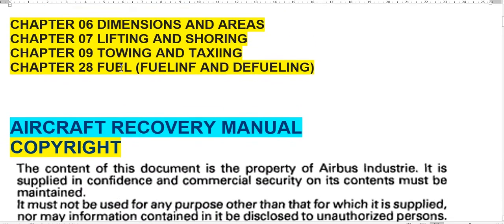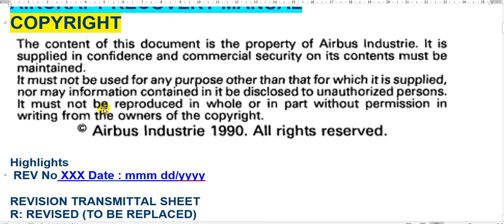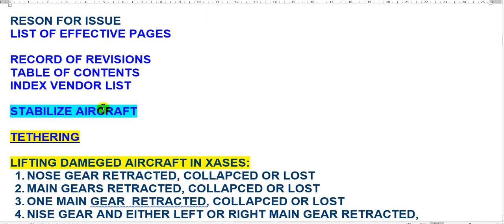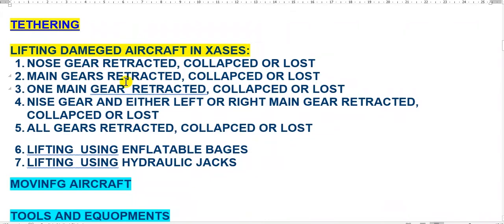The maintenance manual has chapter 6, dimensions and areas, chapter 7, lifting and shoring, chapter 9, towing and taxiing, and chapter 28, fueling and defueling. Although the maintenance manual has these chapters, the recovery manual addresses these points as well.